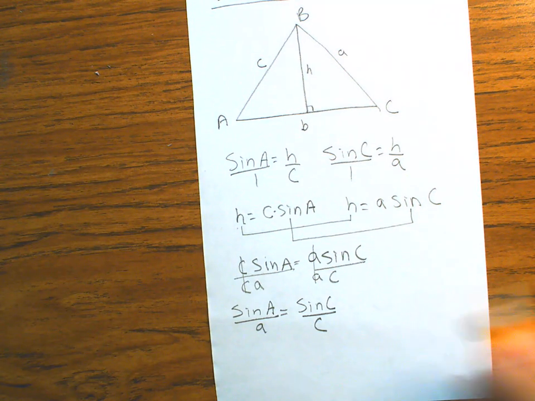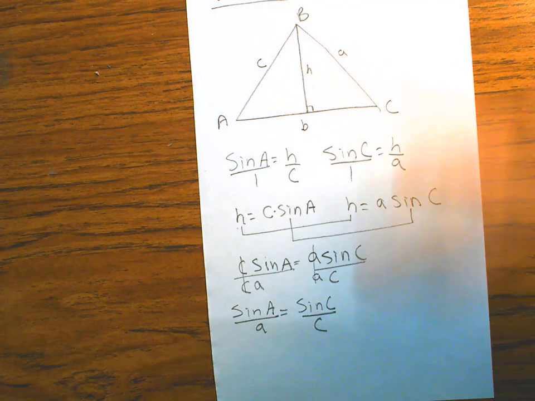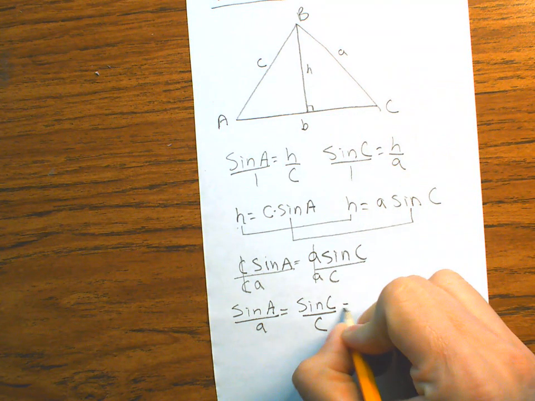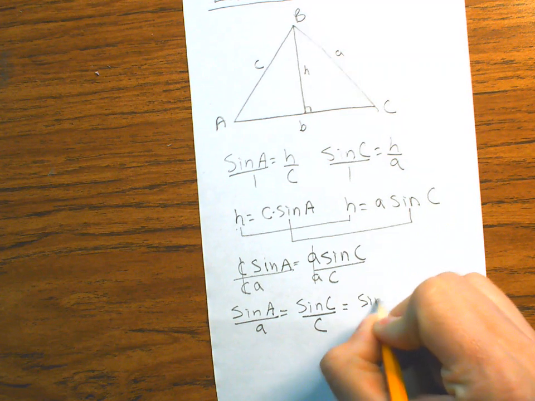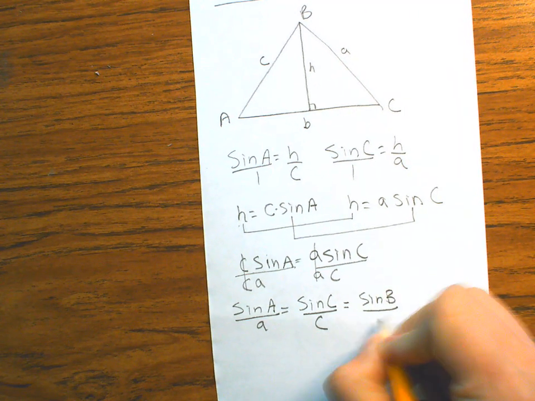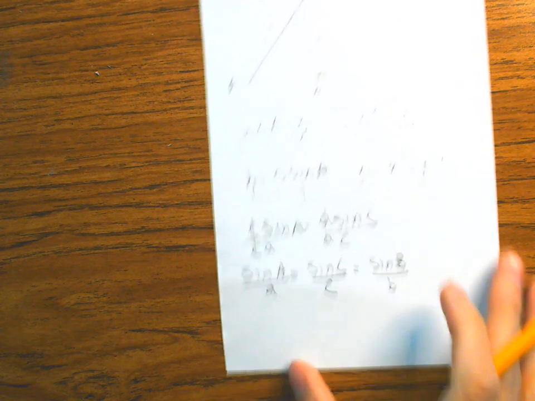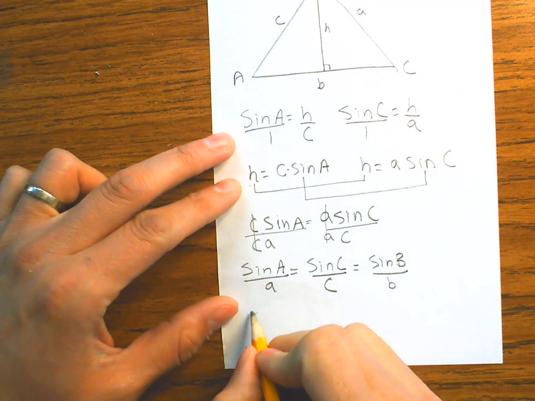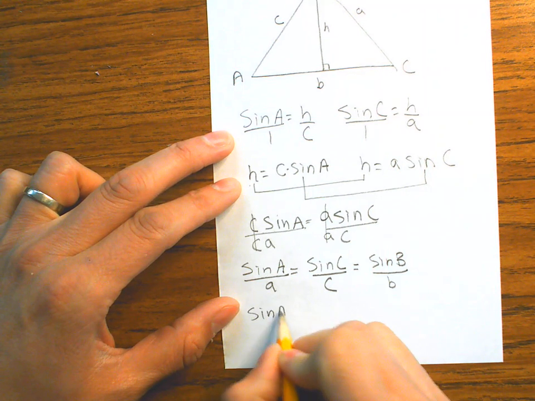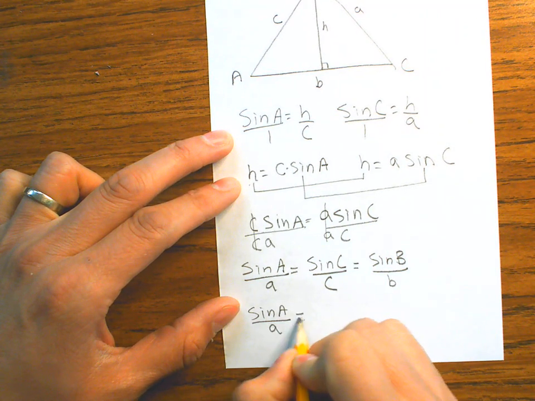Now if I was to draw the perpendicular in a different direction and go through the same process, I would end up with the fact that the sine of B over B is going to be equal to these right here. Now it's kind of bugging me that these are not in order, so I'm going to go ahead and just fix them. Not that I have to, but I want to.